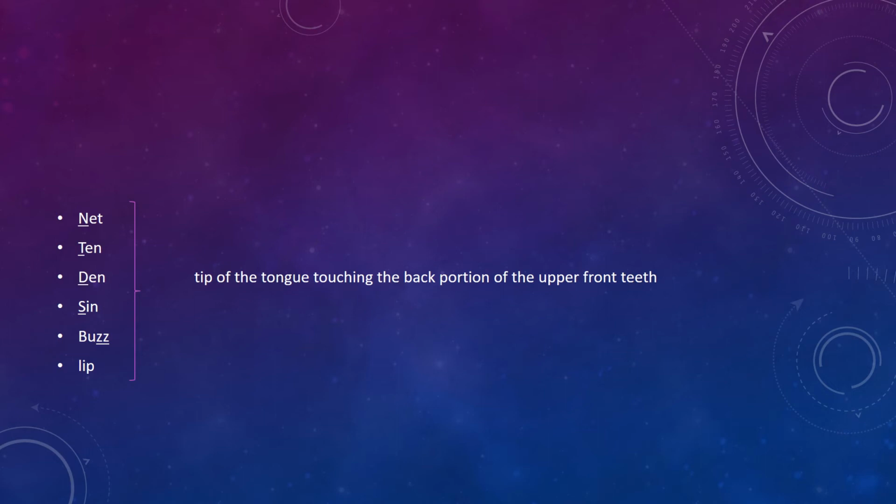Try to observe. Here, the tip of the tongue is being raised and it is touching the back portion of the upper front teeth. So that is how you get these sounds: n, t, d, s, z, l.